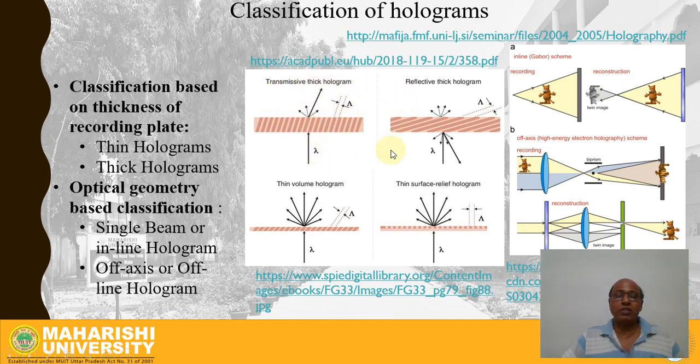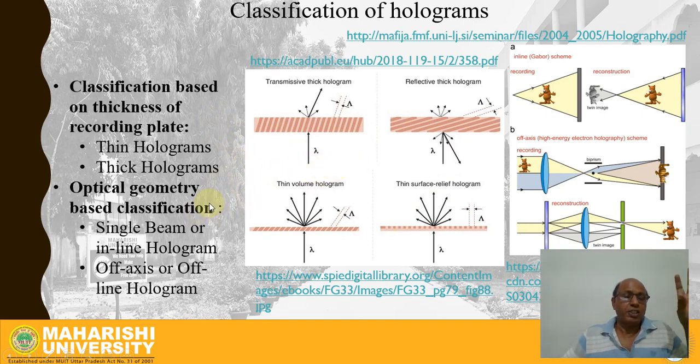Thick holograms can also be reflective as well as transmissive. Thick holograms are used for complete 3D viewing, whereas thin holograms are used for document security and other cheaper applications where complete 3D viewing is not critical. So this was one classification.